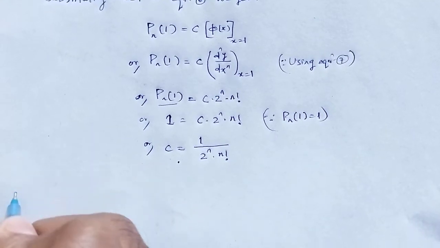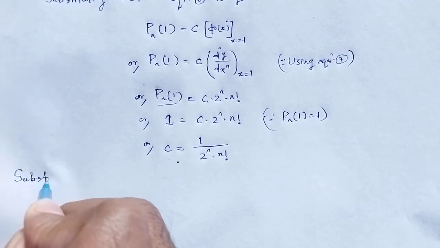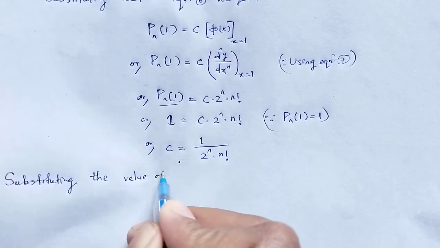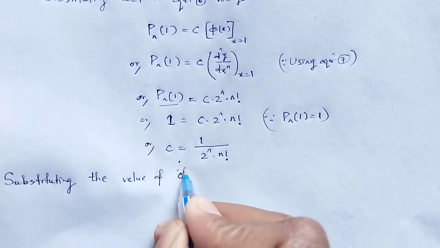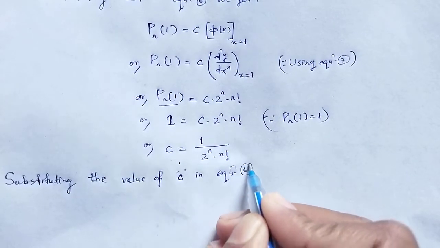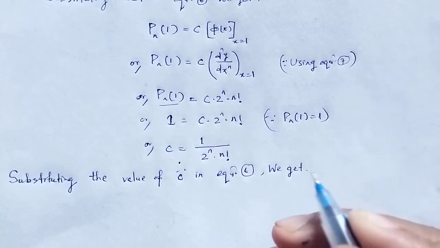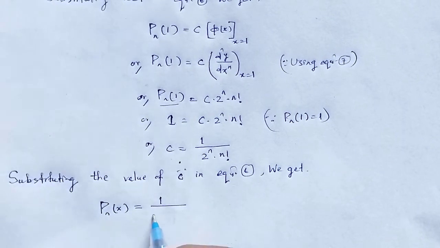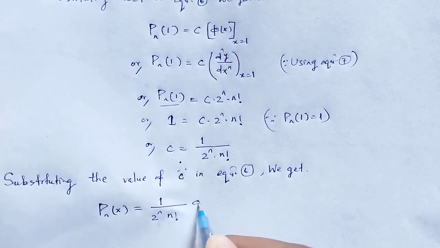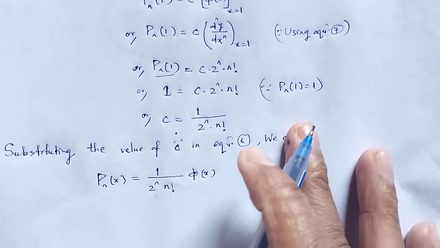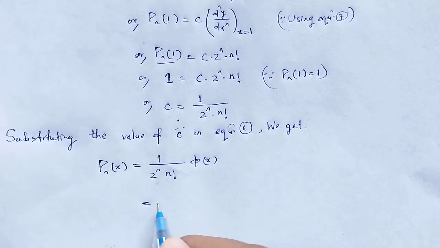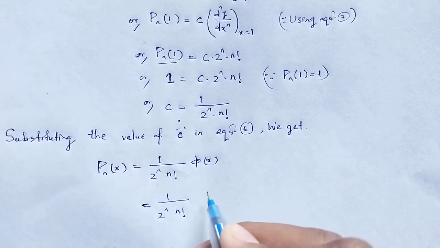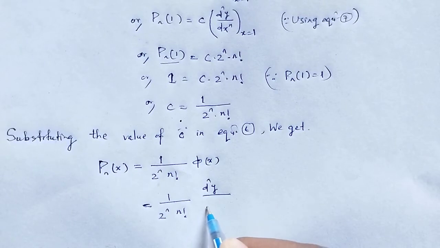Substituting the value of C in equation 6, we get Pn of x is equal to 1 by 2^n n factorial phi of x, that is d^ny/dx^n.